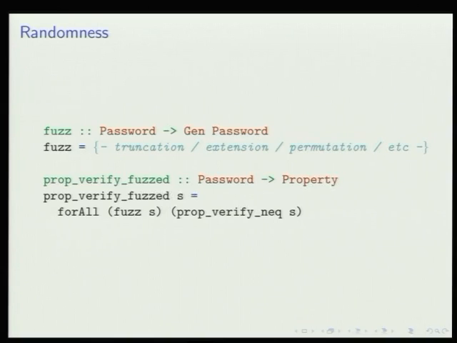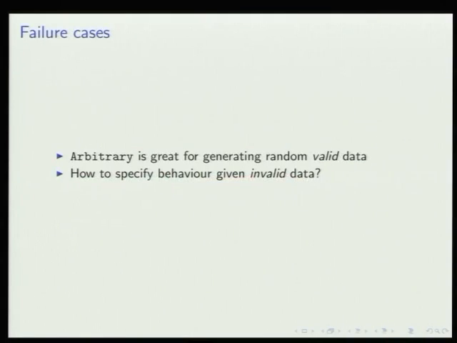So to solve the problem here, there's a function fuzz, which takes a password and returns a generator of new passwords. And for prop verify fuzzed, you can say for all the fuzzes of s, verify that prop verify not equal holds against s. And failure cases. Arbitrary instances are great for generating random valid data, but how do you specify the behavior if the function is given invalid data?